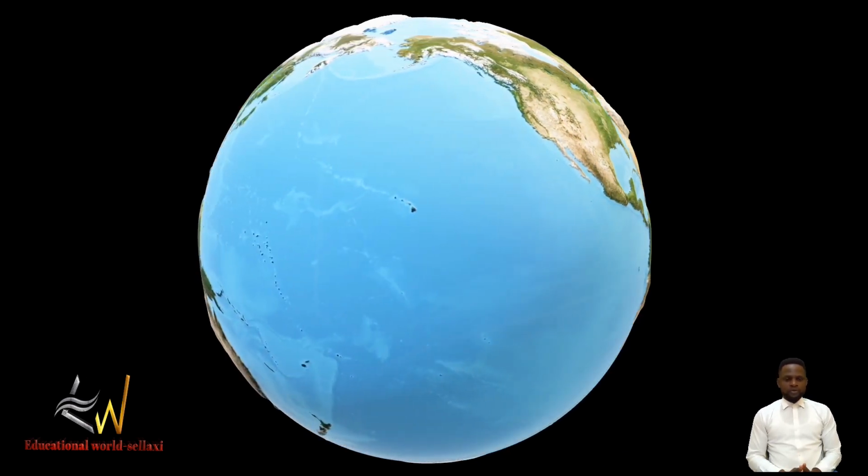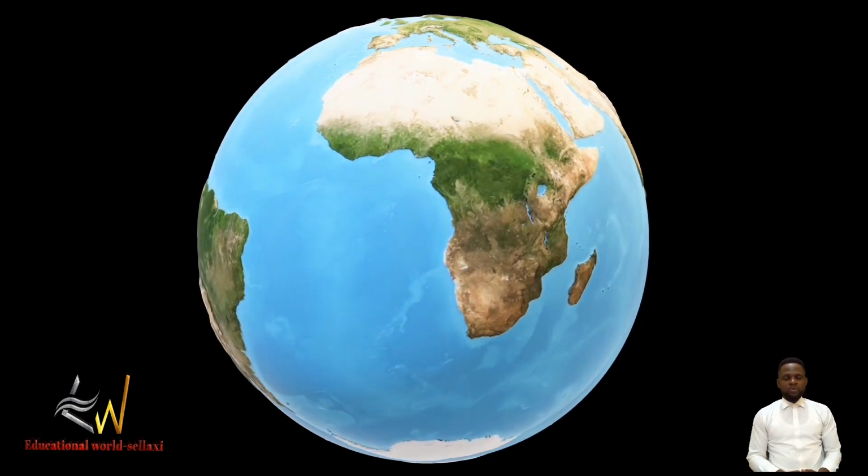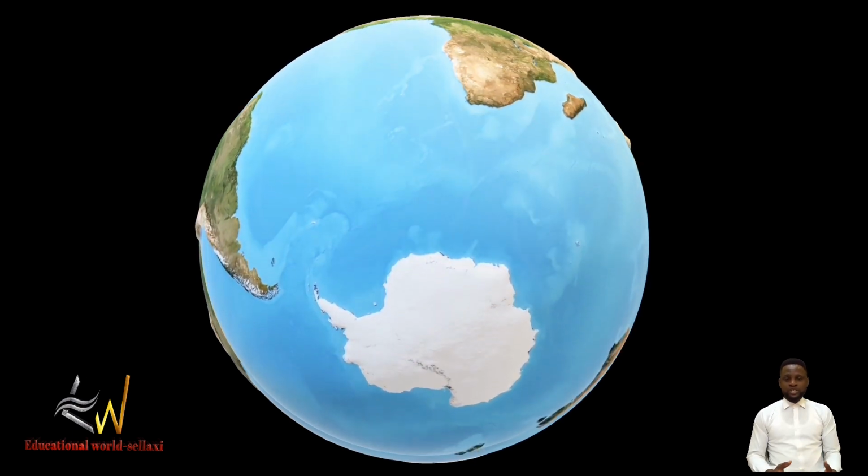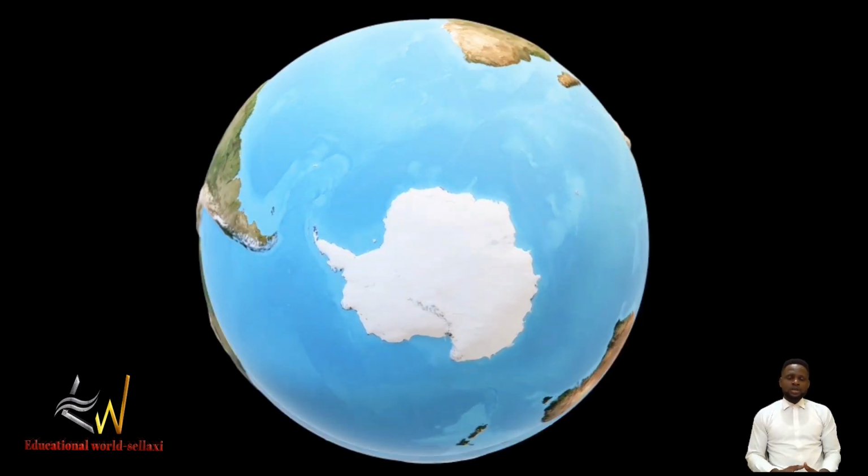Now we'll be looking at the picture of the globe, from the equator, from Africa to all the continents, as you can see. Now we move to the South Pole. I want to show you the picture of the South Pole, because if you have a clear imagination of how the globe is, you can understand the concept of longitude and latitude effectively.